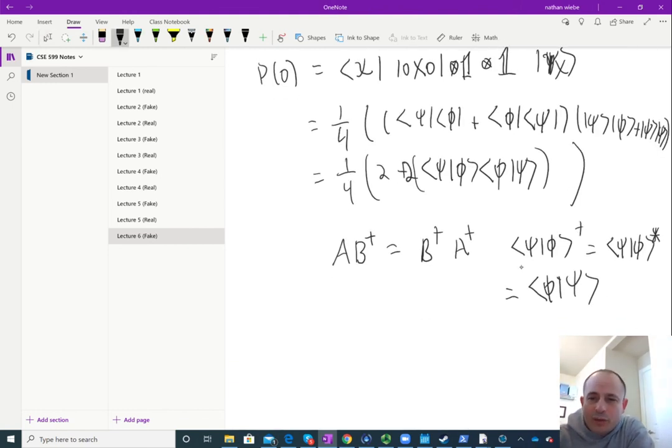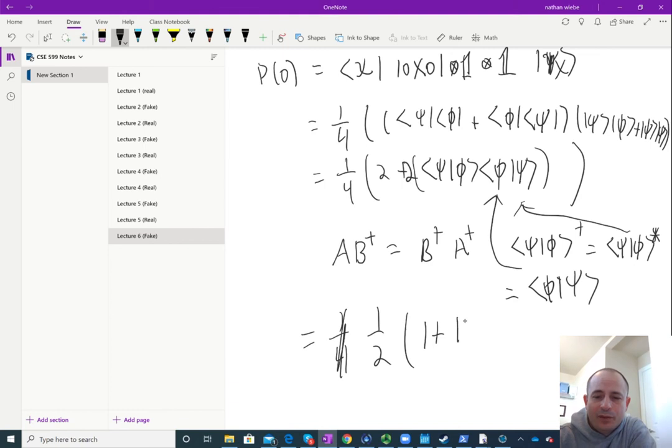So we can replace this with that. And so this is equal to 1/4, which I'll replace with 1/2, 1 plus absolute value of psi phi squared.